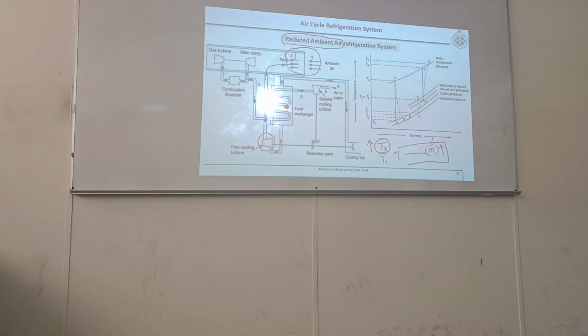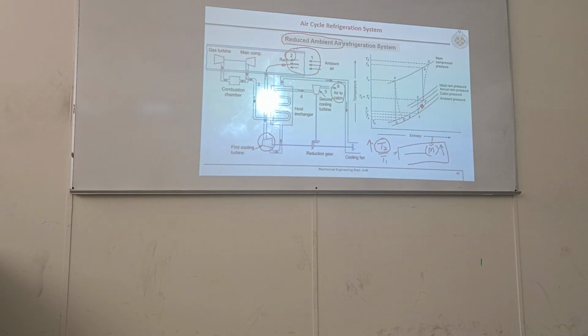So this type of system is normally used when your airplane is moving at very high velocity in the supersonic range. That is the only difference. The rest is the same. Now in this heat exchanger, after this heat exchanger, there is a turbine and then it is sent to the cabin.